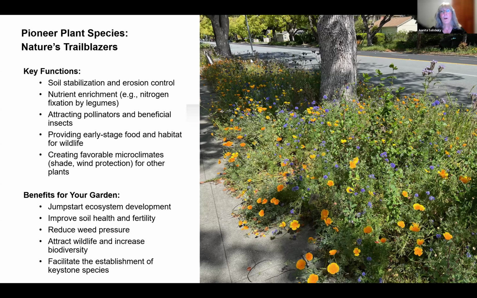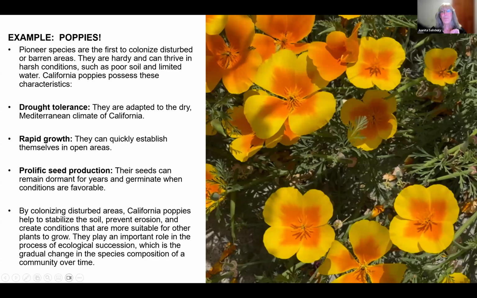This is at the Primrose Garden along Embarcadero Road, and we don't actually water this strip between the sidewalk and the street, but we have everything from lacy phacelia growing here to poppies to globe gilia, these blue flowers. Really puts on a show in April. So pioneer species, poppies, the California state flower. They are first to colonize disturbed or barren areas.